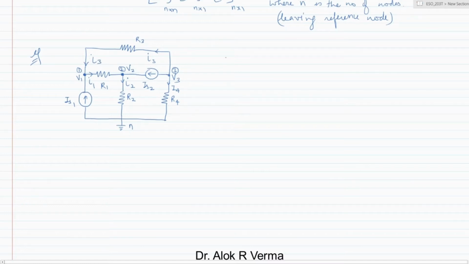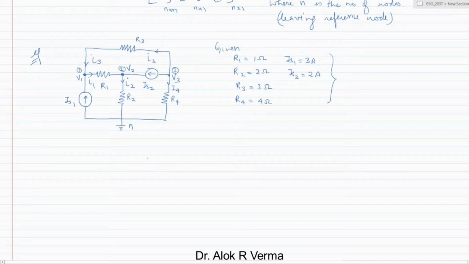Now consider R1 as 1 ohm, R2 as 2 ohm, R3 as 3 ohm, and this is 4 ohm. And the value of IS1 is 3 ampere, IS2 is 2 ampere, for example.